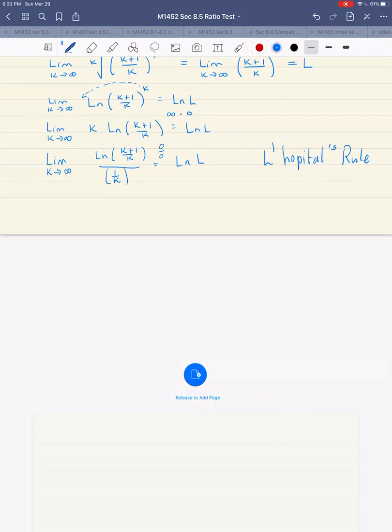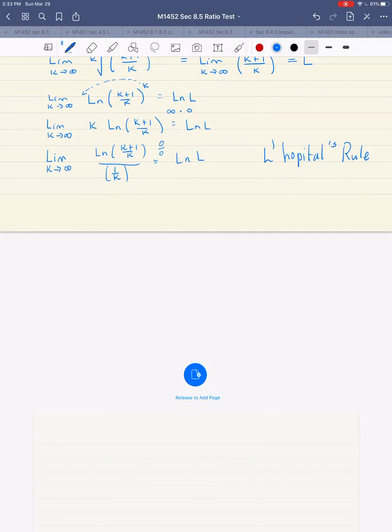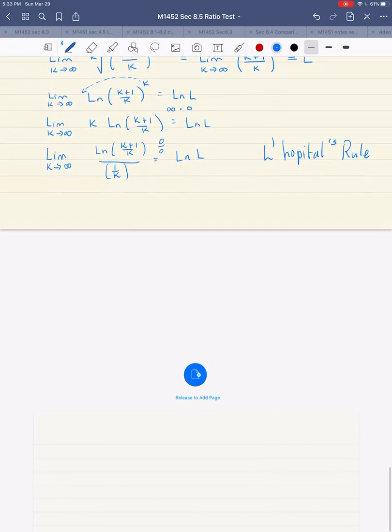Which says take the limit of the derivative of the top and divide it by the derivative of the bottom. So I'm going to need a new page, and so I'm going to take the derivative of the log of k plus 1 over k first. So it's 1 over k plus 1 over k. Now I take the derivative of k plus 1 over k with a little quotient rule action.